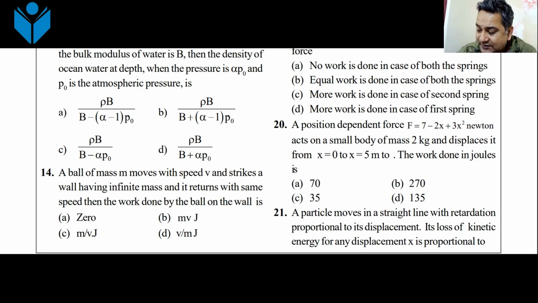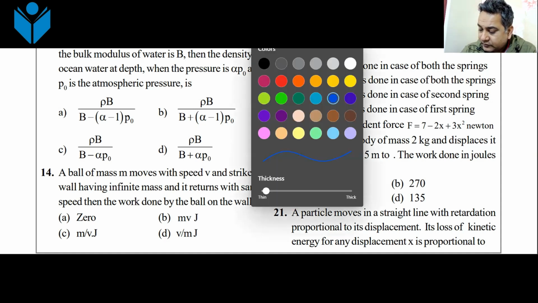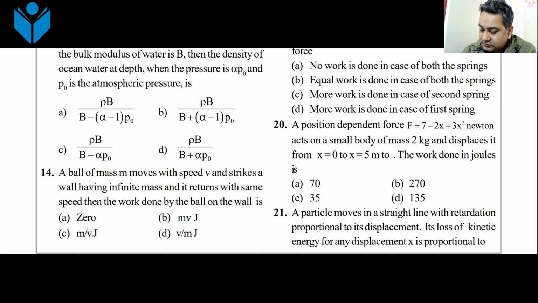Question number 14, as you can see, is a pretty straightforward question. A ball of mass m moves with a velocity v, strikes an infinite body and returns with the same speed. The work done by the ball on the wall. How much work has the ball done on the wall? How do you find it out?